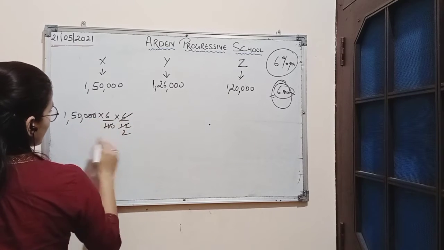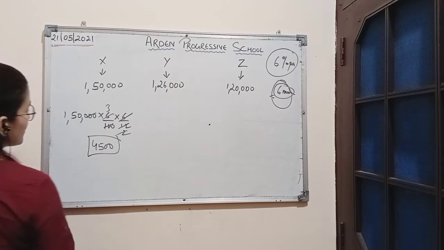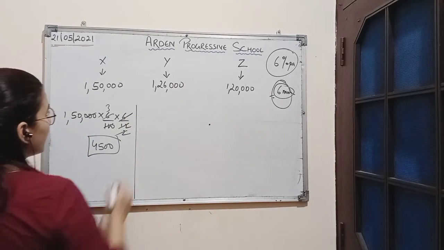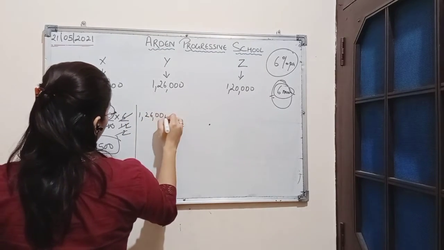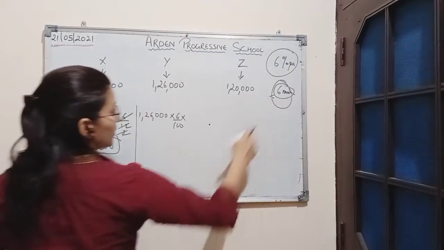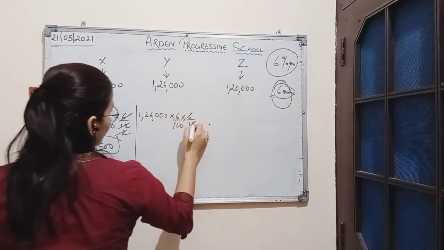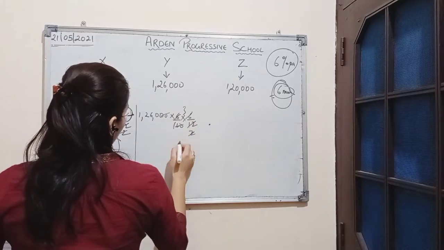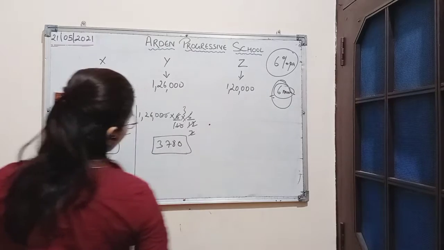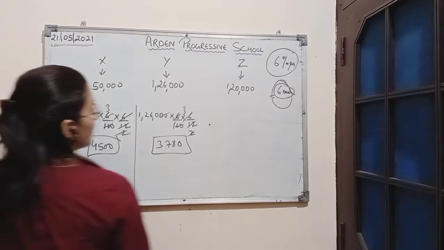By solving this, we will get 4,500 as interest on drawings to be paid by X. Coming to the second partner, Y, the amount of drawings is 1,26,000, the rate of interest is 6% and the duration is 6 months. So here the amount will be 3,780. This is the interest on drawings to be paid by partner Y.